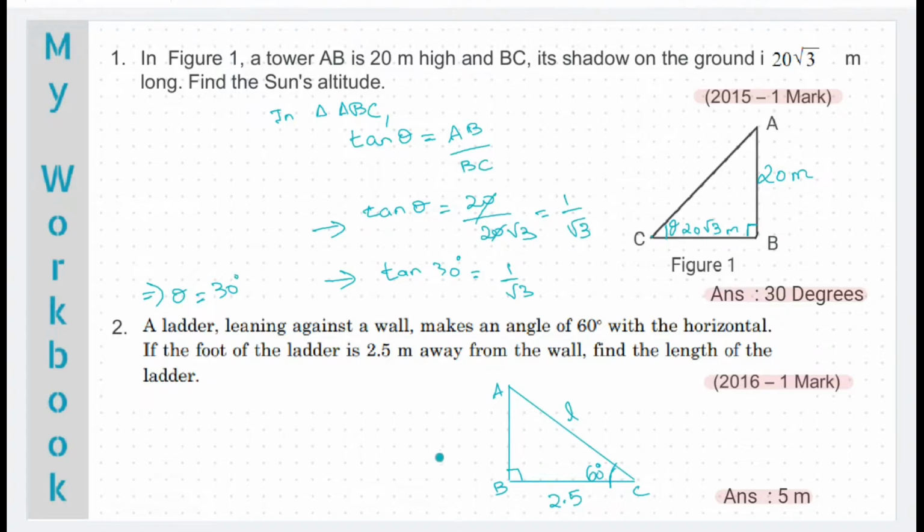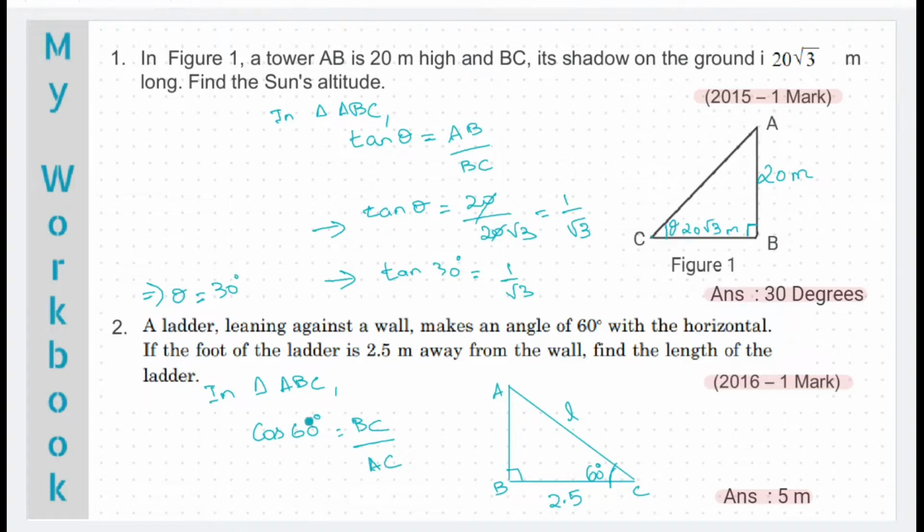So in this triangle ABC, we need a relation between the adjacent side BC and the hypotenuse AC for us to find L. So what is adjacent side by hypotenuse? It is cosine trigonometric ratio. So cos of 60 degrees will be BC by AC.